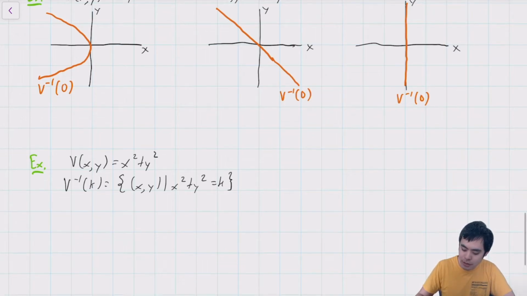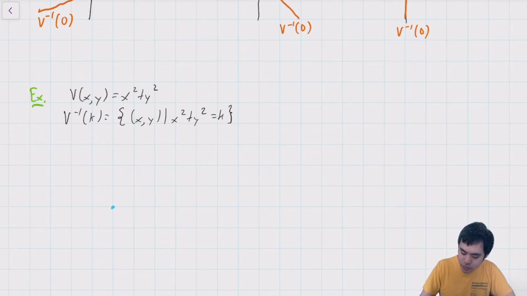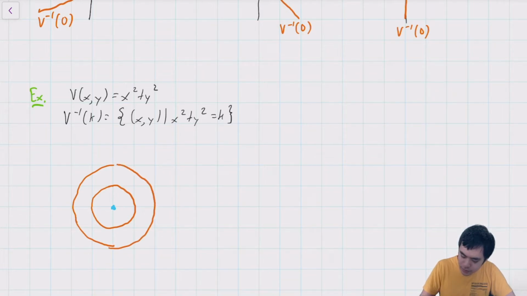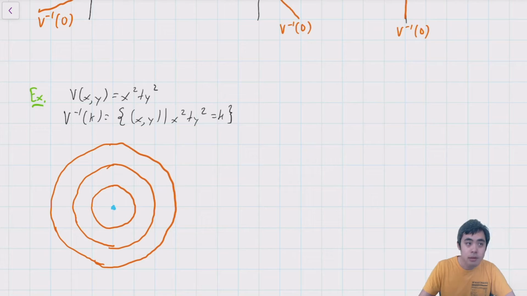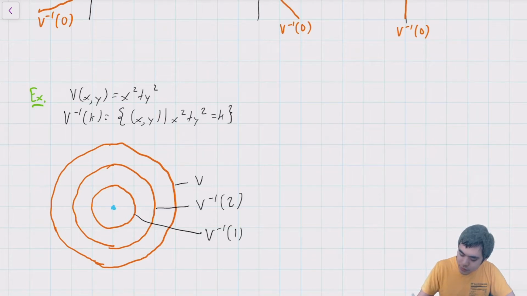And therefore, when we draw out the level sets, there's a level set of 0, which is just the equilibrium. But we also have all these other level sets. Here, that's the level set for v inverse of 1, that's v inverse of 2, and that's v inverse of 3, the level set where it's equal to 3.